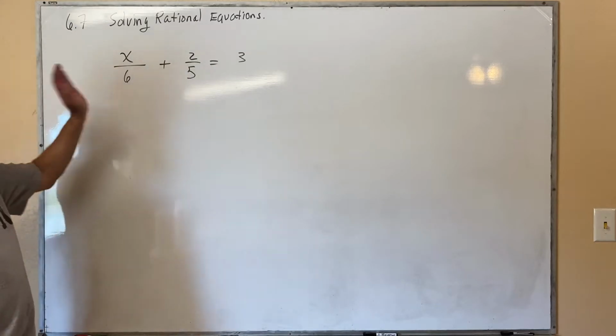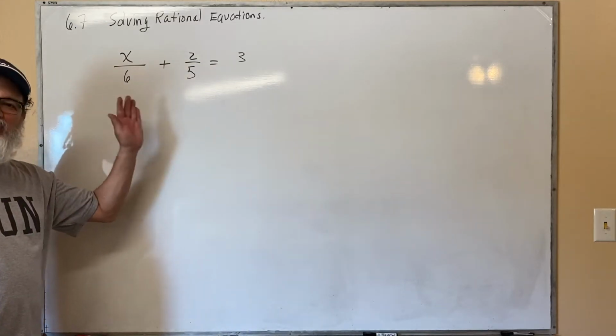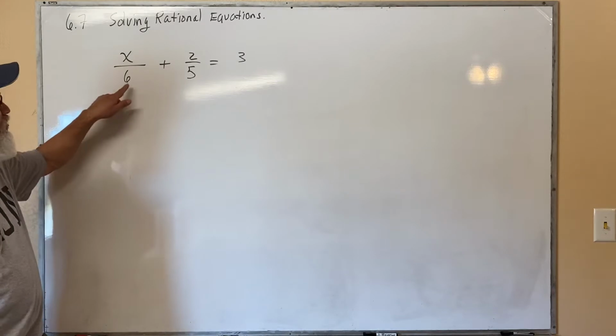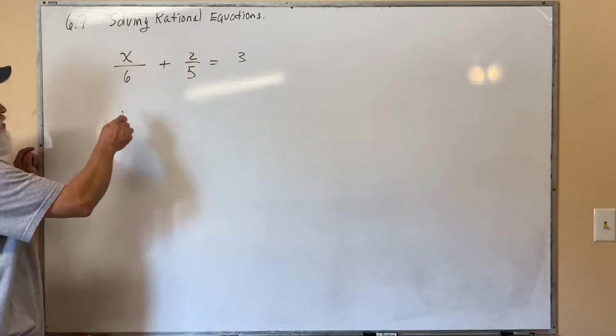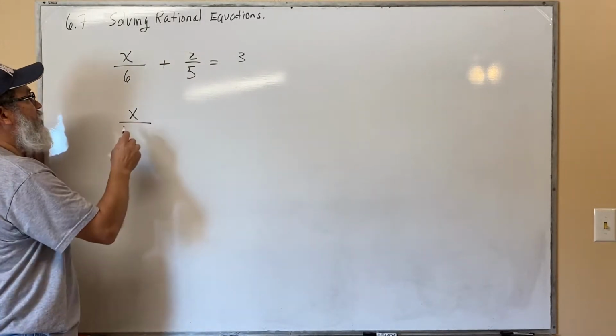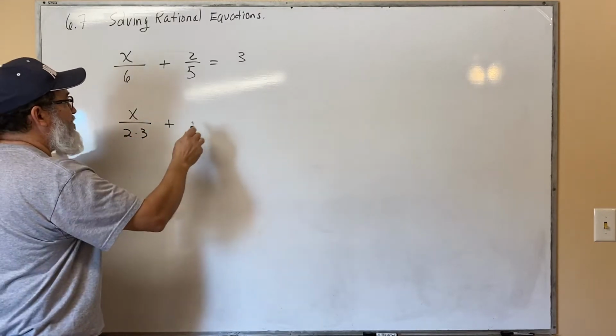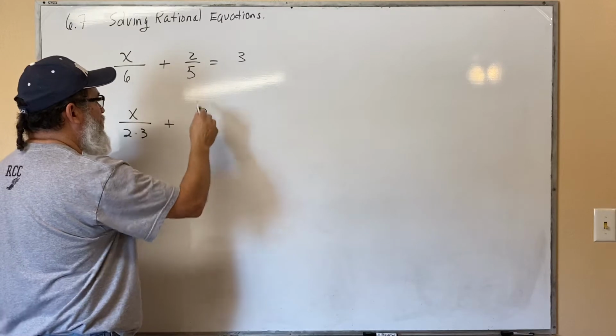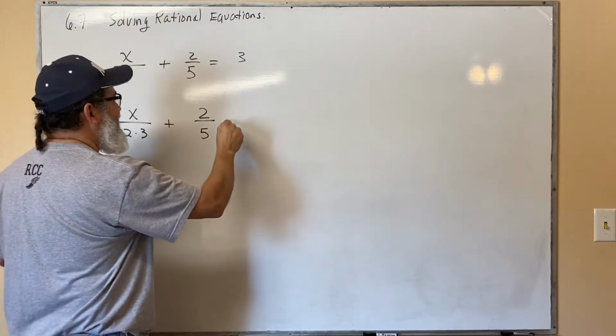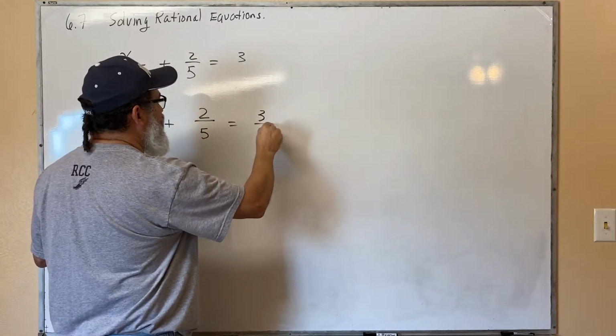The first thing we're going to do is find the LCD. So let's factor denominators. x over 2 times 3 plus 2 over 5 equals 3 over 1.